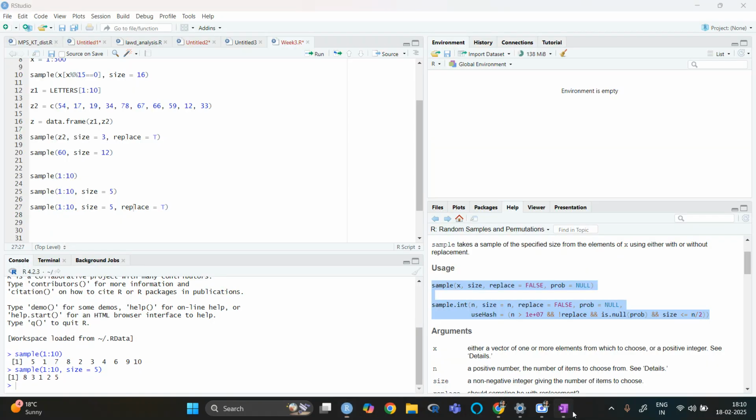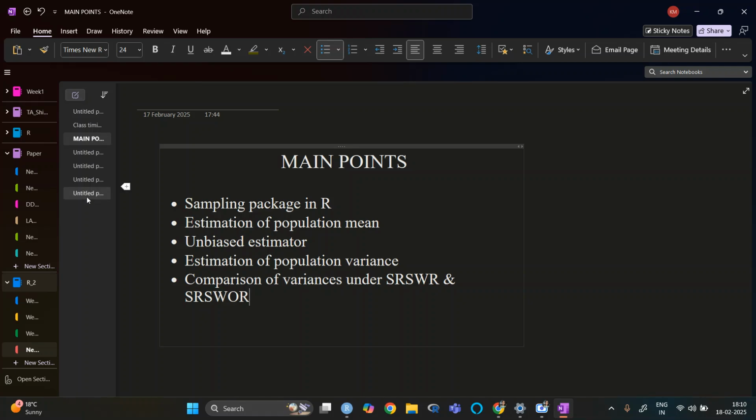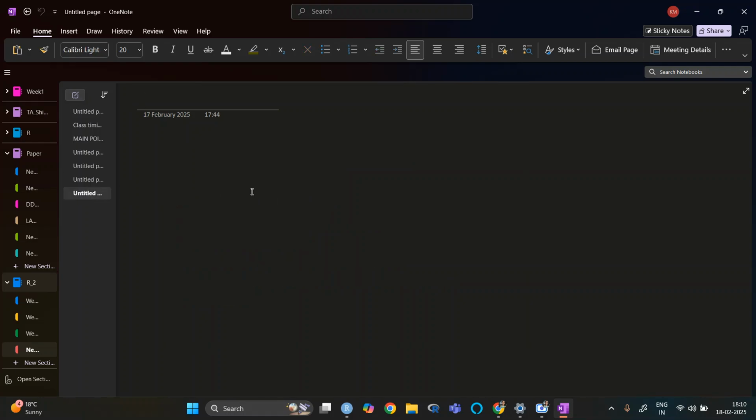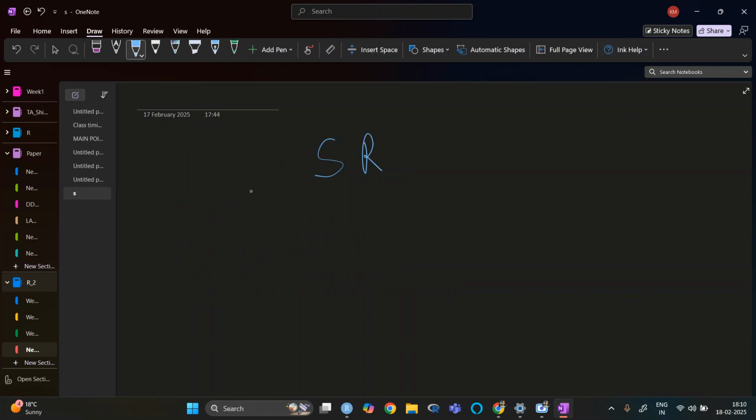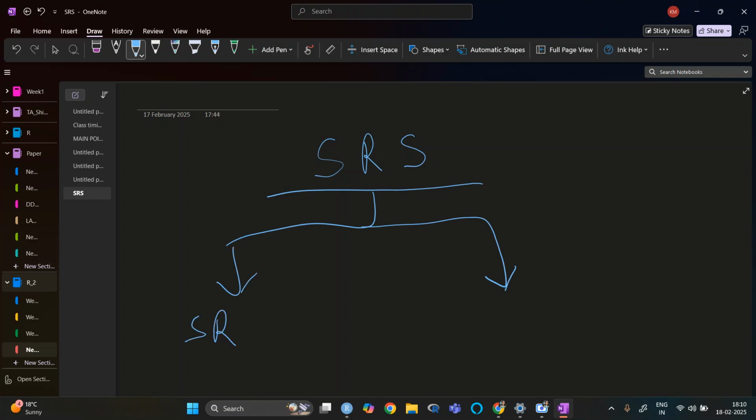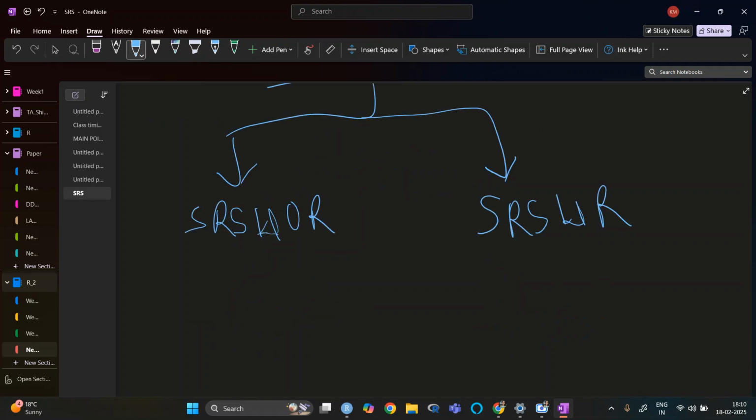Simple random sampling, let me write it here. It is basically SRS in two parts: SRSWOR and SRSWR.